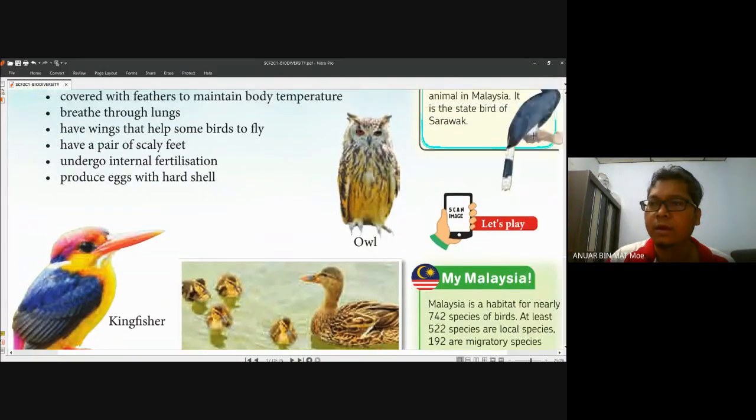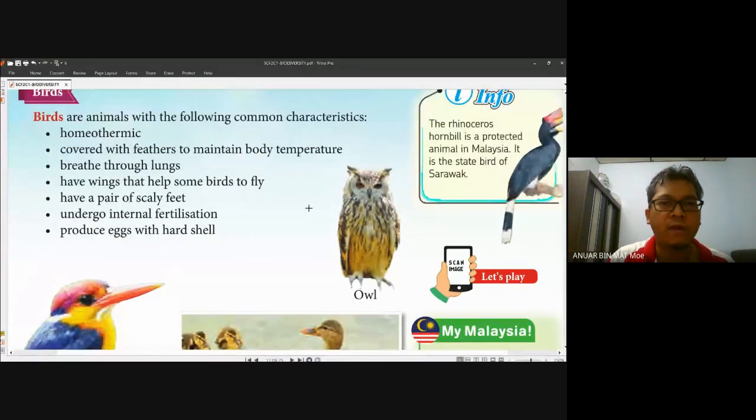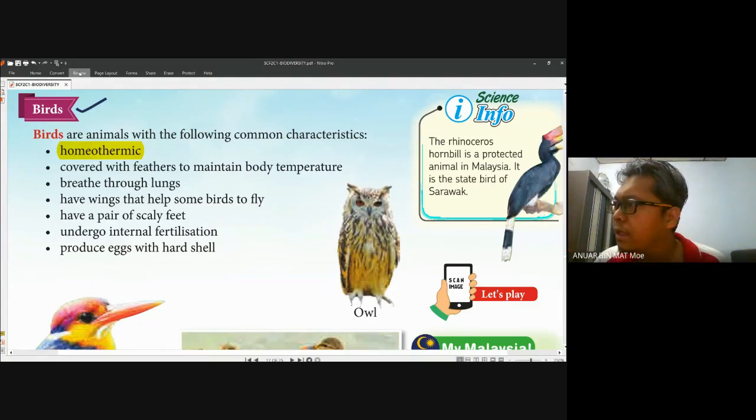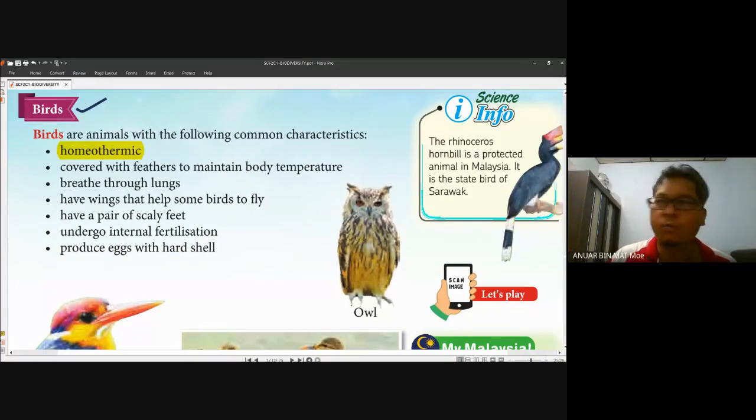The classification of vertebrate number 4 is the birds. Birds here are homeothermic. What is homeothermic? Homeothermic is the opposite of poikilothermic. Yes, it is what we call a warm-blooded organism.